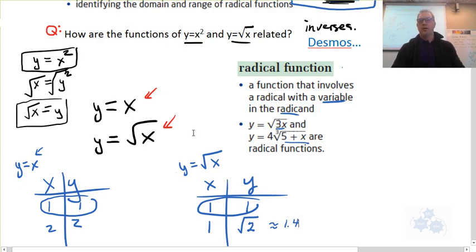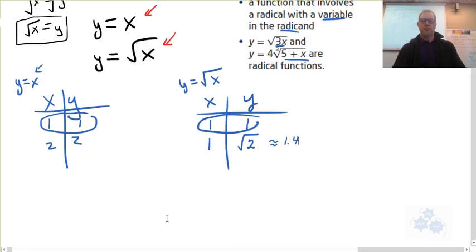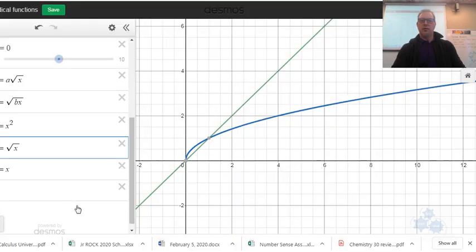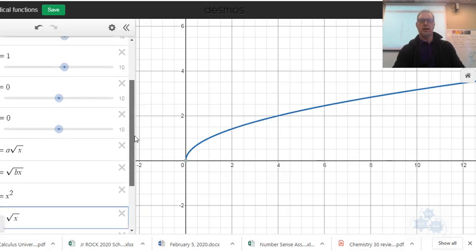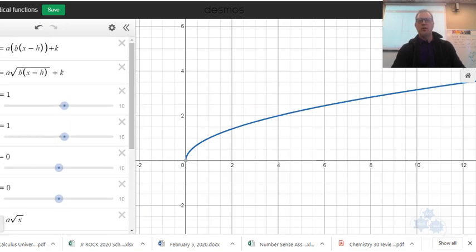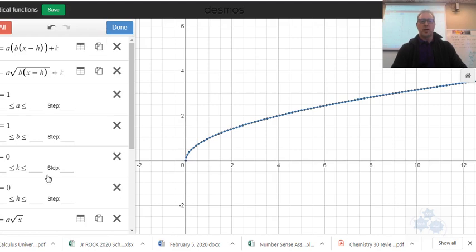All right. Okay. Let's go back to Desmos, and I want to show you this. I could leave y equals root x up there. Over the side, this is y equals the square root of x, and I'm going to change the different parameters a, b, h, and k.